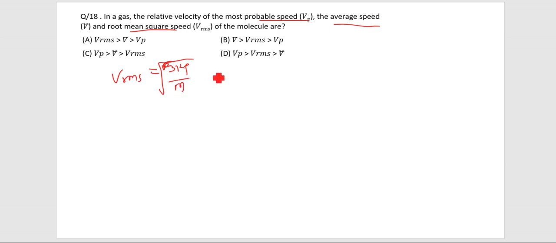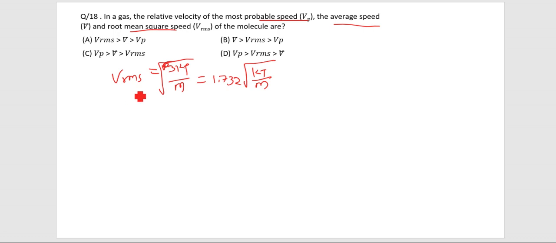If I put the root 3 value, I'll get 1.732 root over of kT by m.